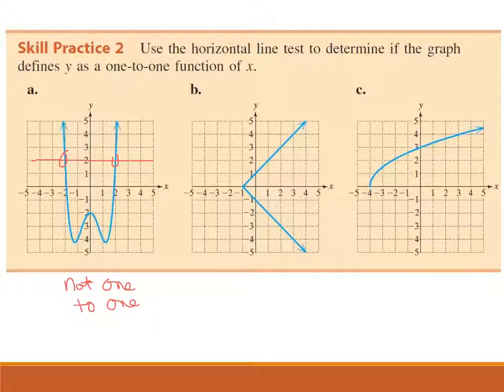Let's look at B. Well, we go across and we see that in fact we do get only 1 point along the horizontal. However, this is not a function in the first place. Why? Because a function meets the vertical line test, and this is not a function.